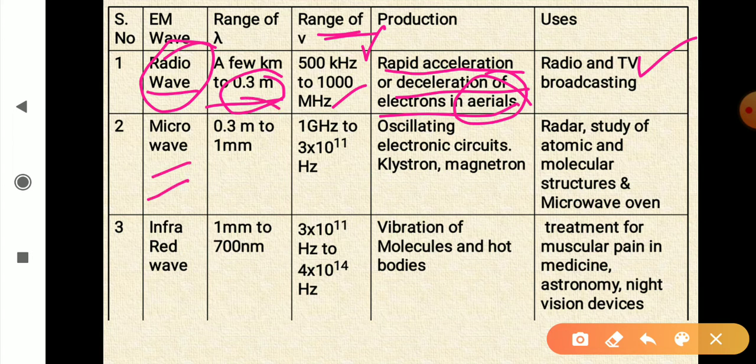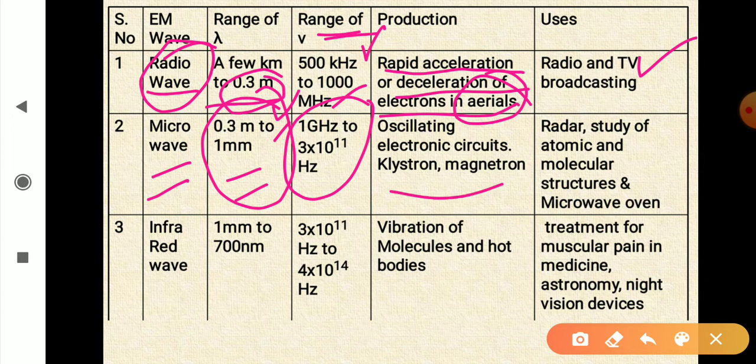Now microwaves, their wavelength range varies from nearly 1 millimeter to 10 centimeter, but they can be taken up to 30 centimeter also. The frequency range is from about 1 gigahertz to 3 into 10 raised to the power 11 hertz. So it varies from nearly 1 gigahertz to terahertz.